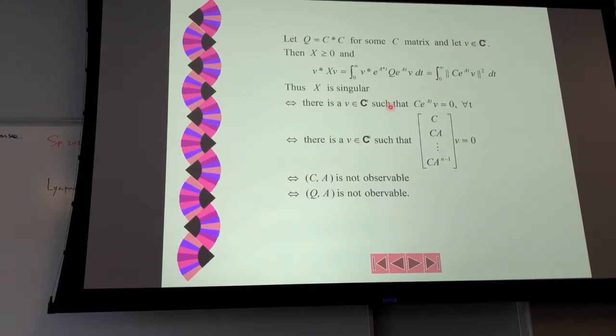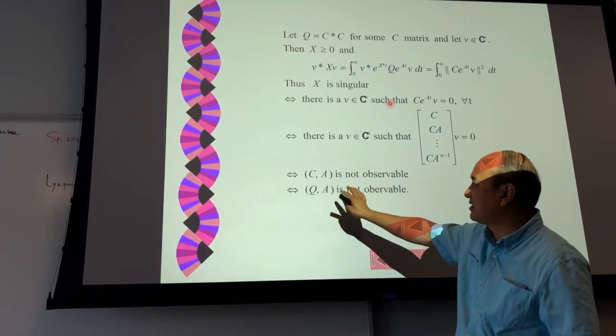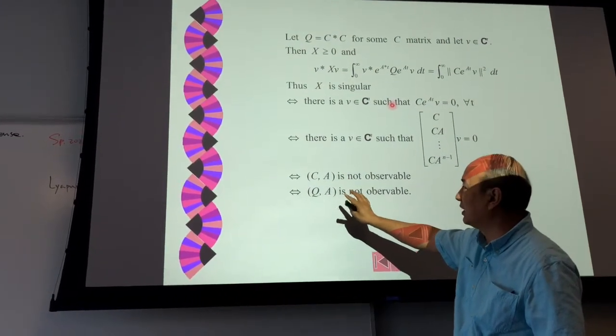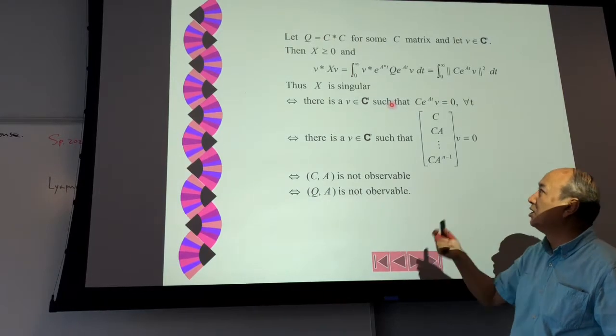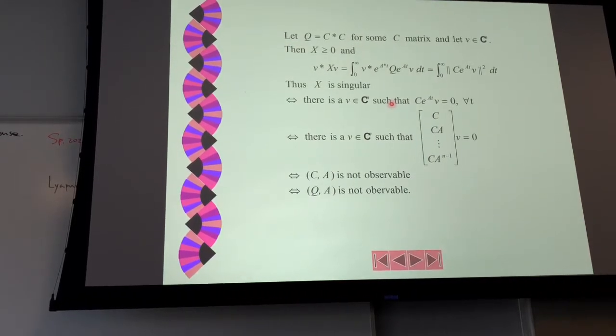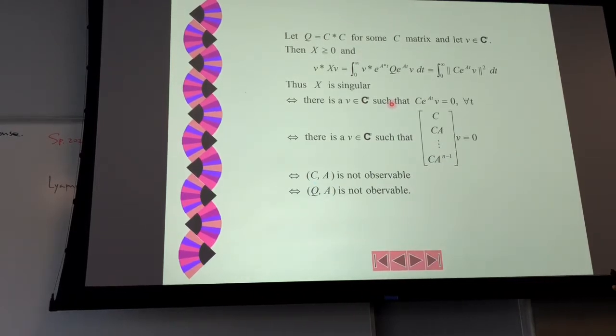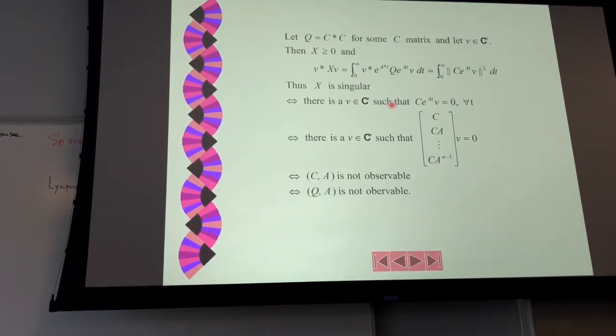Similarly, this concept is from linear systems. We haven't introduced a C here, but the C is introduced from the Q. For the Q you can do a decomposition of C transpose C. Then you see that C and A observable means Q and A is observable.